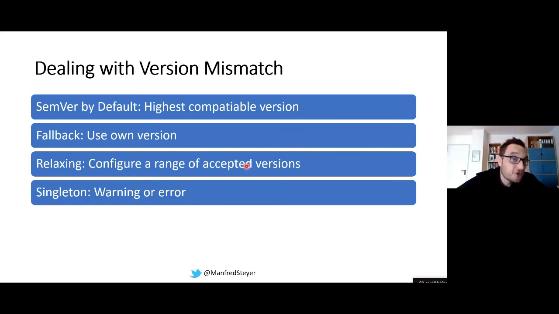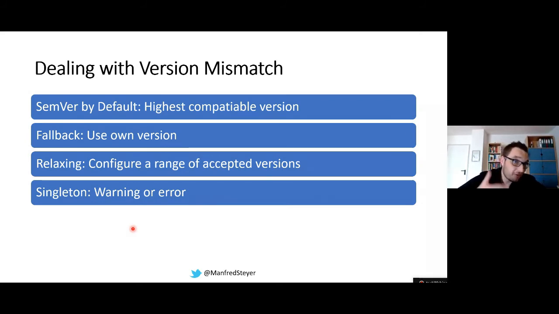Think about RxJS or underscore or Lodash. In this case, it might be okay to fall back to another version, or to go with another version you have not tested your part with. But when it comes to Angular, you will very likely go with a singleton.